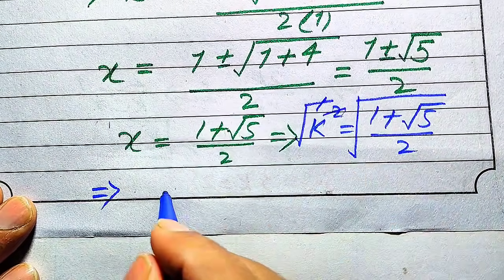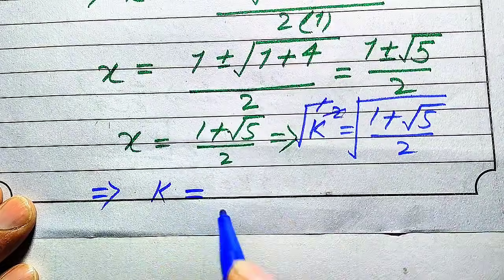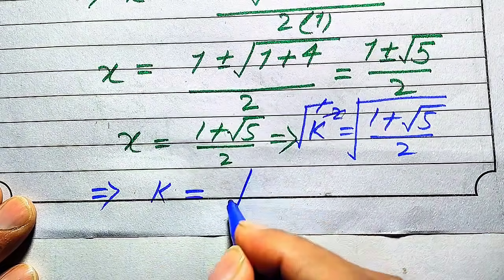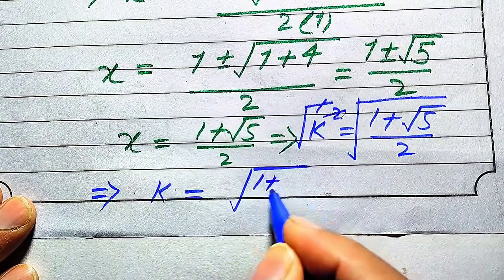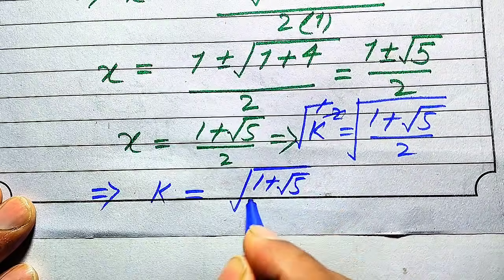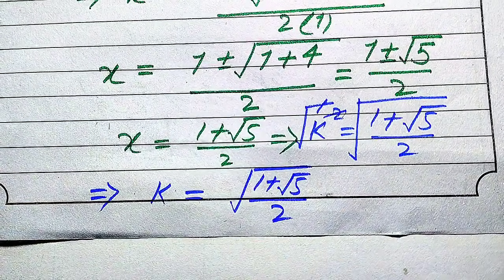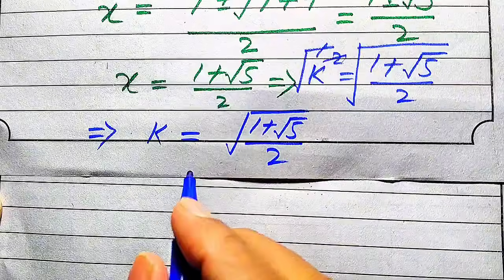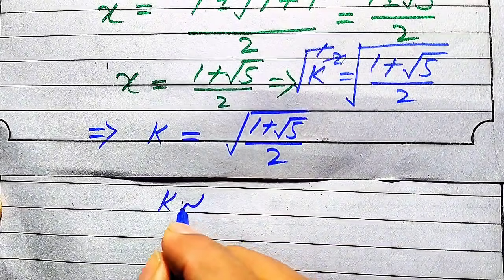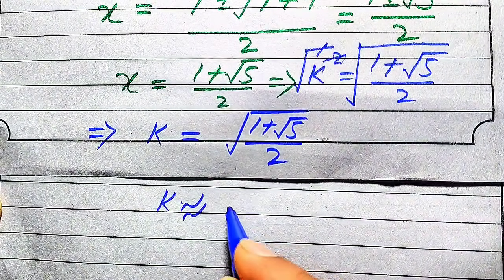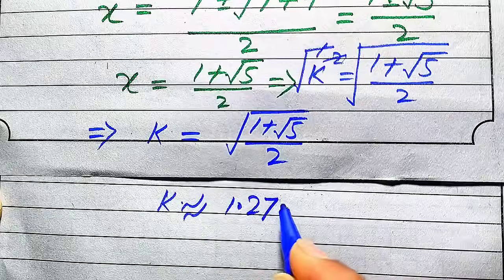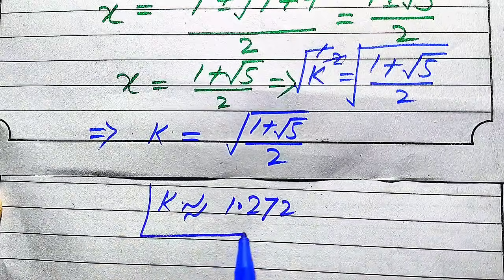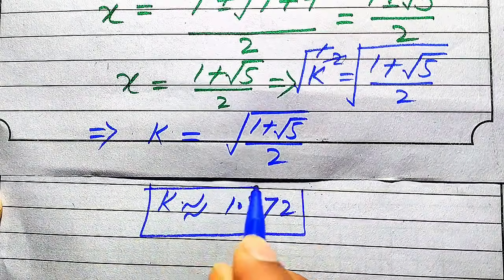So this 2 and this square root cancel out each other, and we get here our k is equal to square root of 1 plus square root of 5 divided by 2. So here for exact values of k, we get the approximate value of k is equal to 1.272.